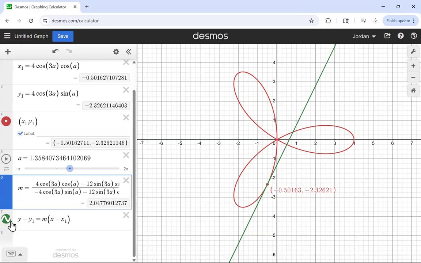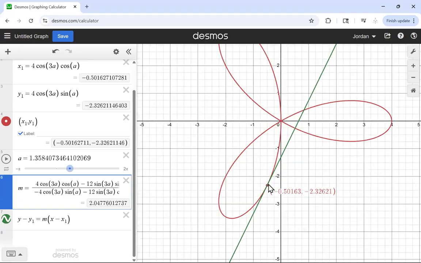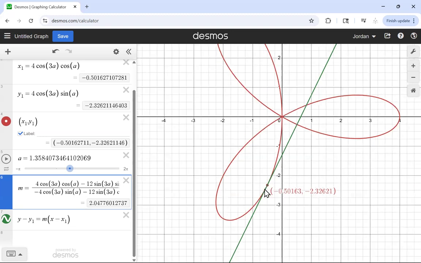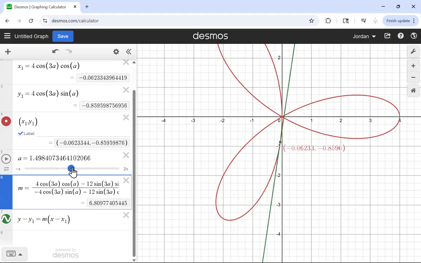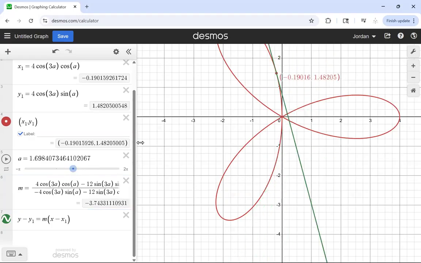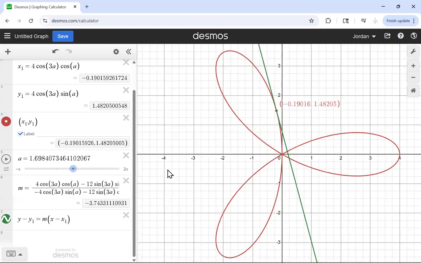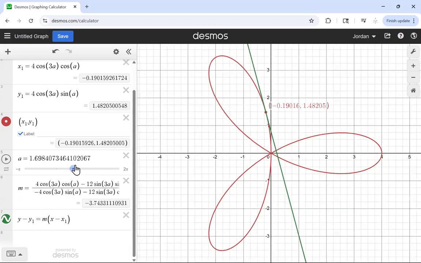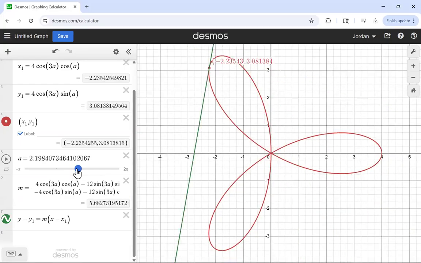So if I look at the tangent line, sure enough, I am getting what looks to be the correct tangent line. And as I move A around, that tangent line looks like it follows the curve pretty well.